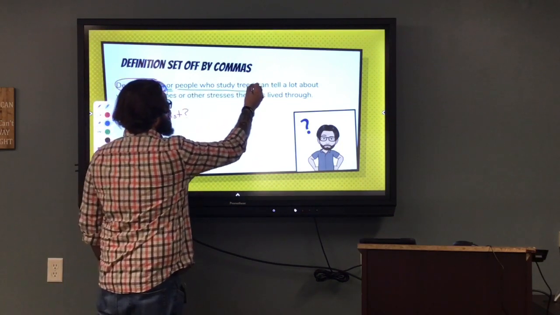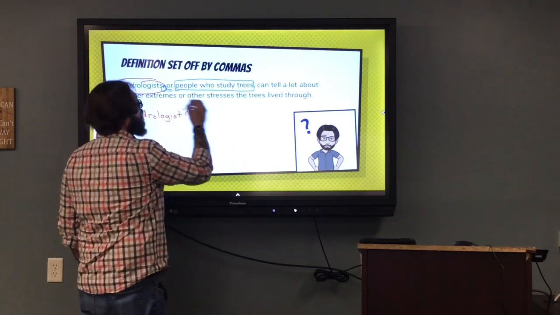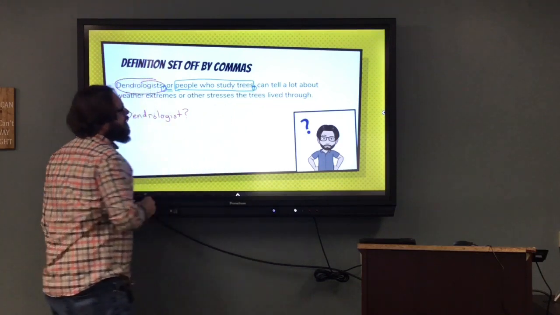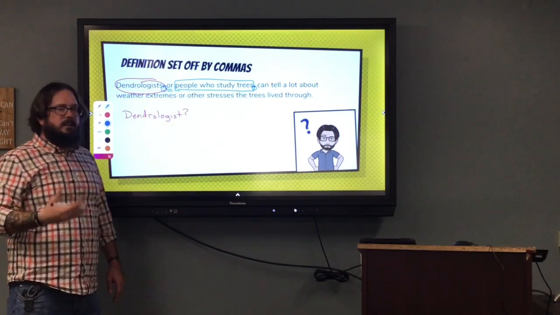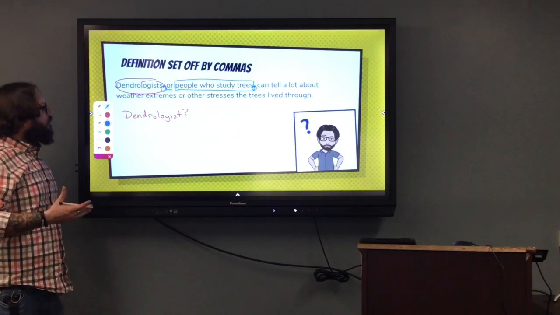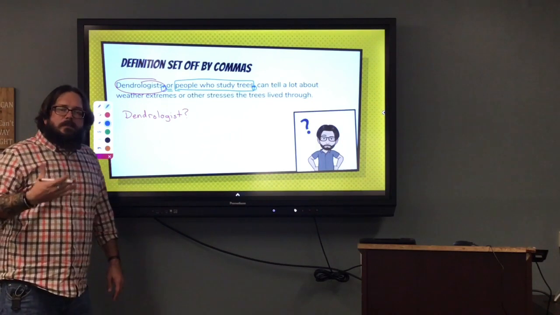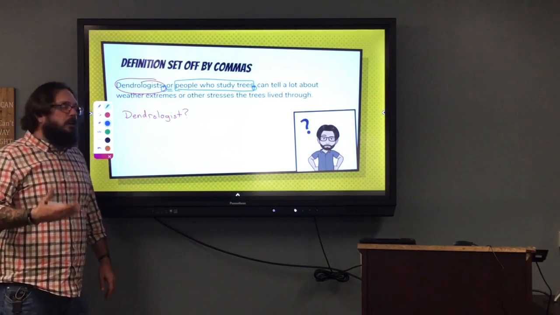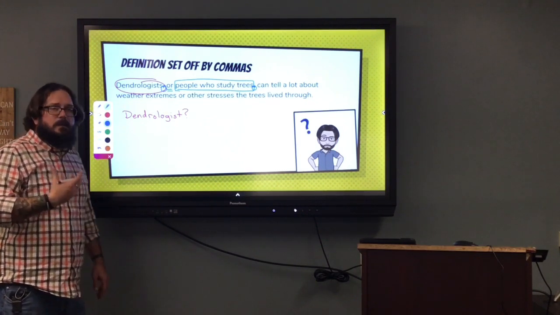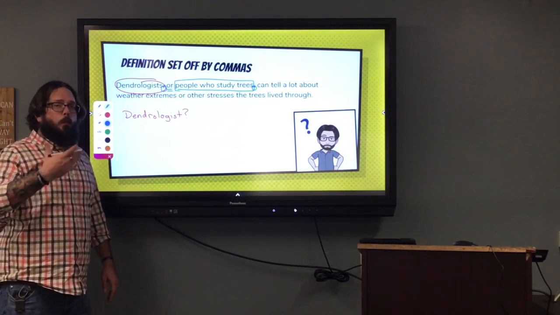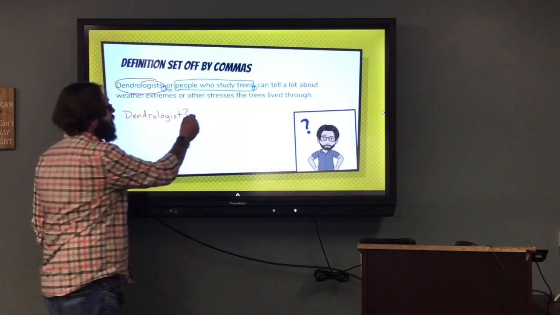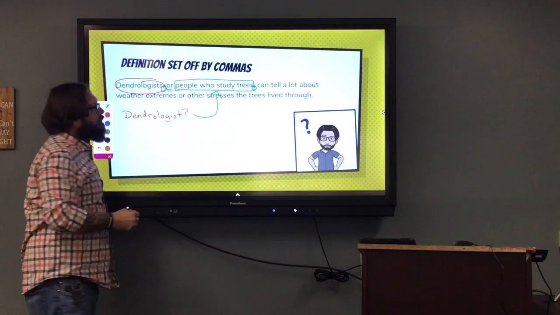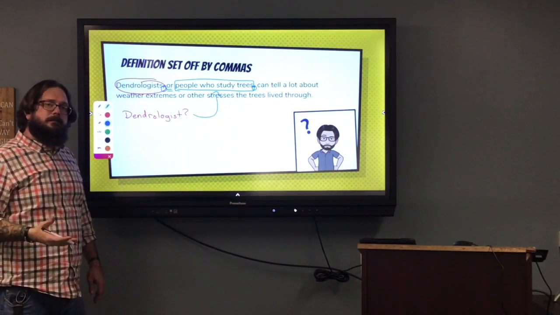People who study trees, comma, can tell a lot about weather extremes or other stresses the trees lived through. So we don't need to really do anything to determine the meaning of this word because the author has already told us what a dendrologist is. So what is a dendrologist? It's a person who studies trees.